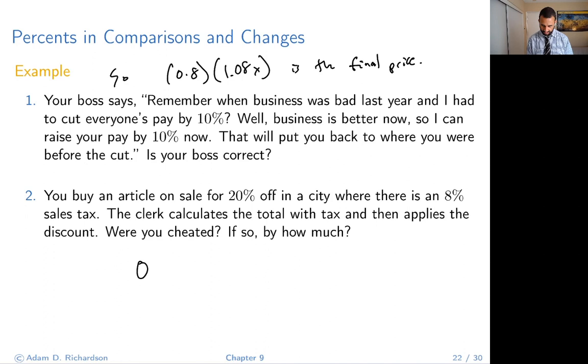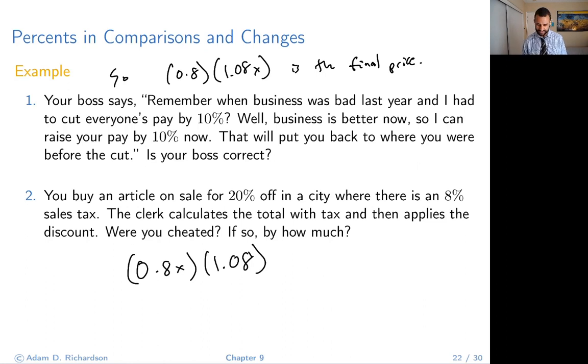So this will be the new price, the original price after the discount has been applied. Now we apply the 8% tax to that, so we pay this price plus 8% of that price. You end up with exactly the same situation as before, this times 1.08.